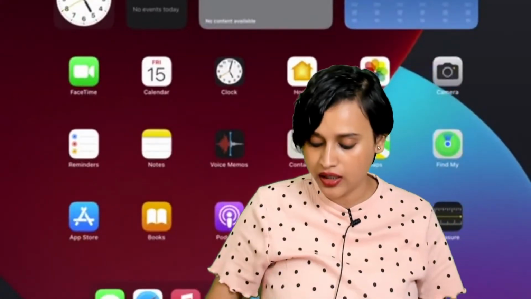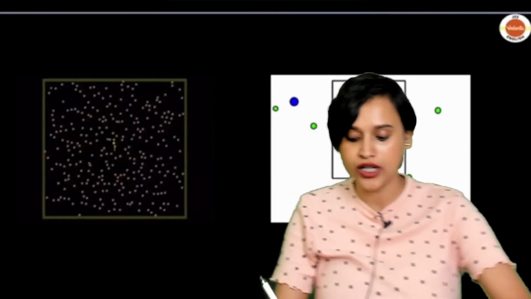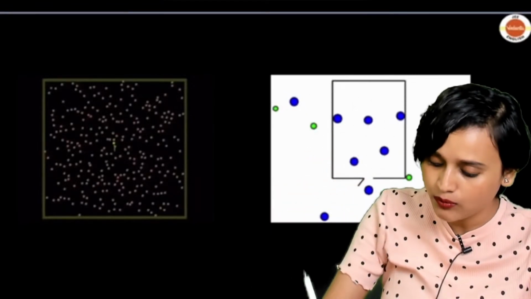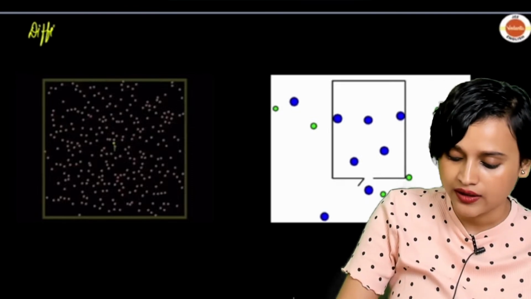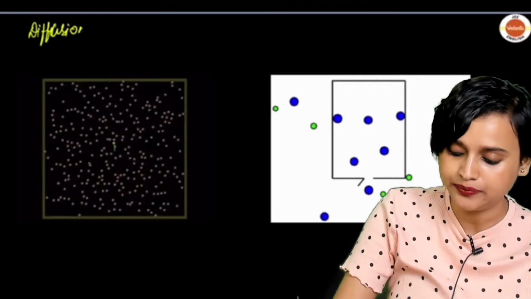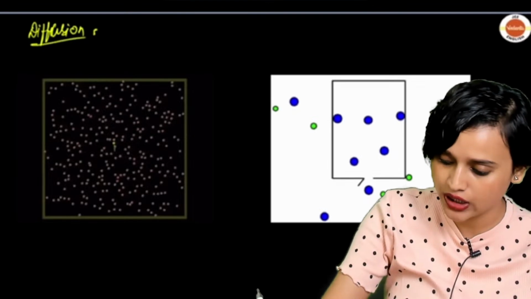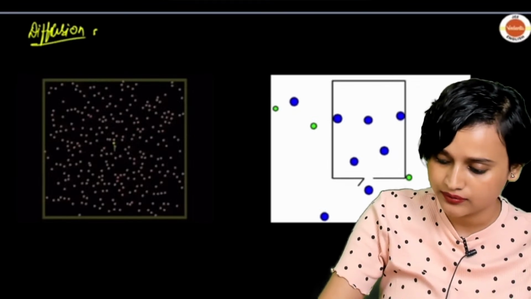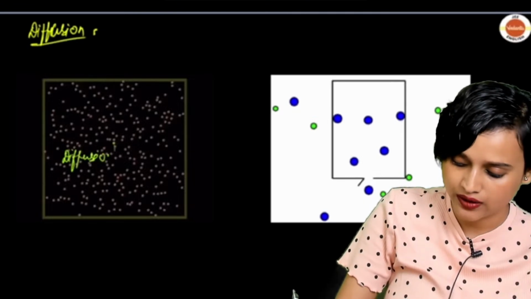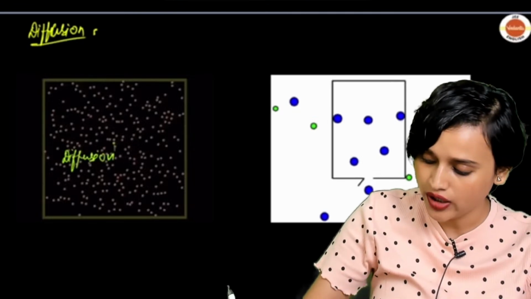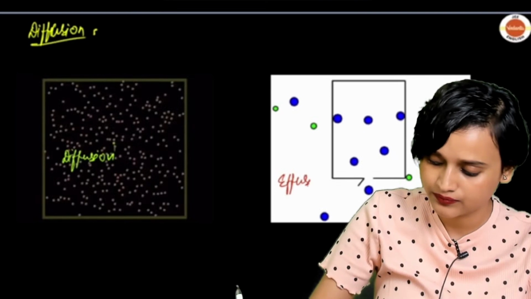So from here, now let's write down what diffusion is. This random motion is your diffusion. And this is your effusion.